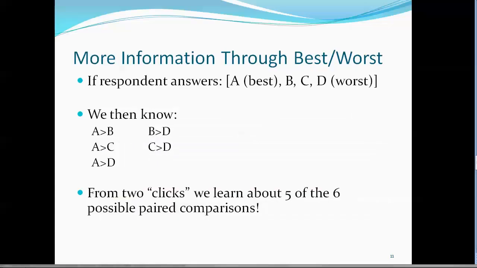It turns out that if the respondent answers in this way, A is best and D is worst, we actually learn about 5 of the 6 possible paired comparisons among those 4 items.